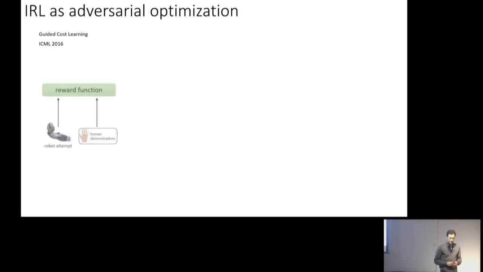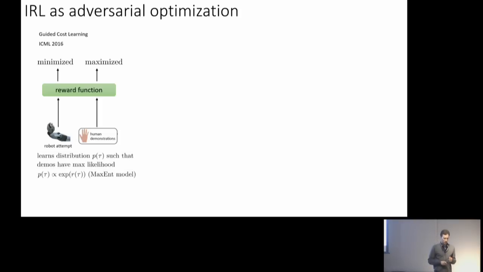So to summarize, in the IRL view of things, you have attempts by the policy and the human demonstrations, and the reward function tries to make the reward be small for the policy and big for the expert. And this corresponds to learning the expert's trajectory distribution under the Maxent model.